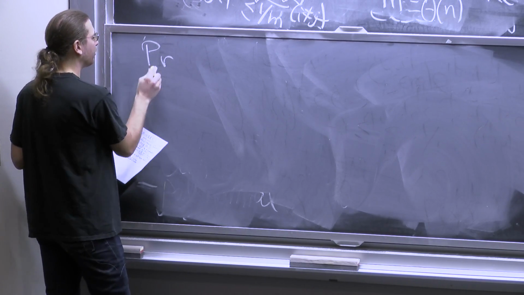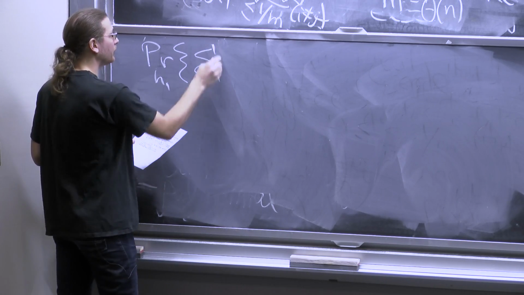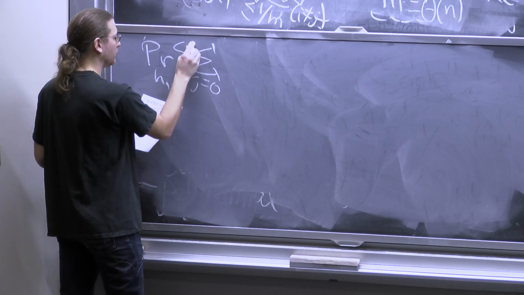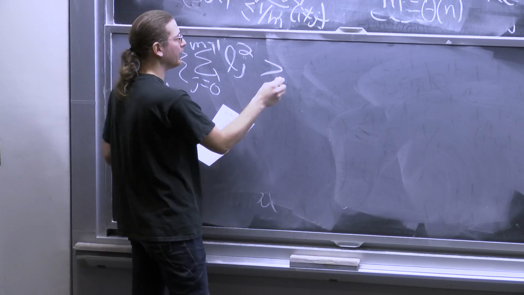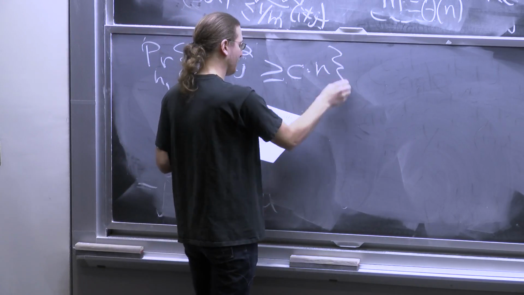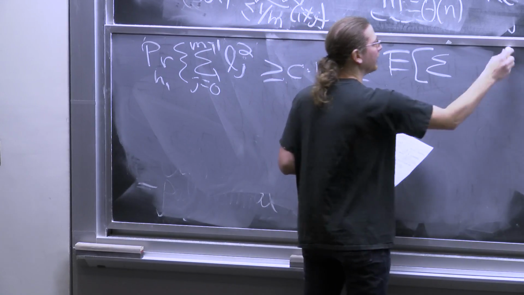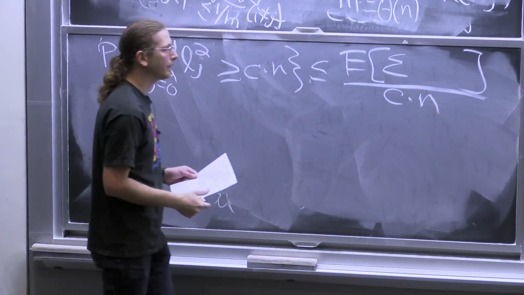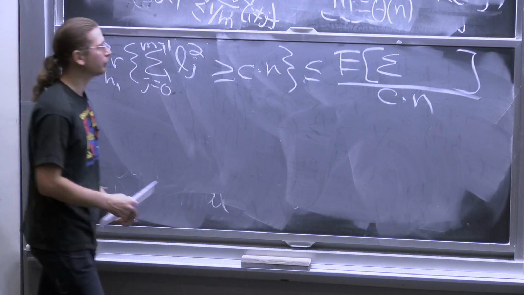So I want to claim that the probability over h1 of the sum of the Lj squareds being bigger than some constant times n is at most the expectation of that thing divided by Cn. This is Markov's inequality, which holds for anything.